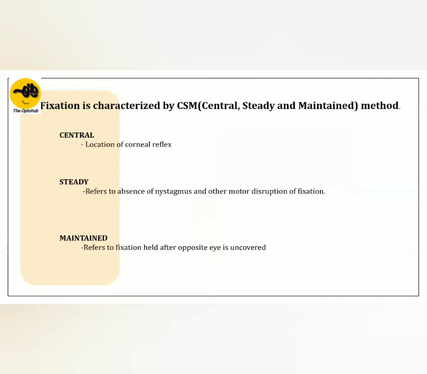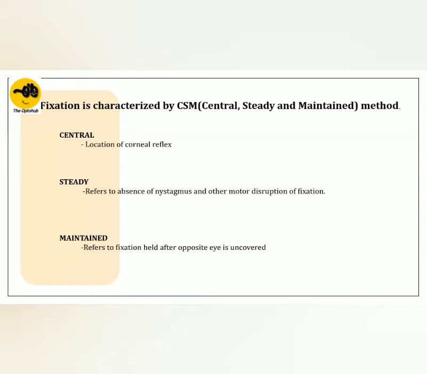So what is CSM? CSM is basically the central, steady and maintained method. So C refers to central. It is done at a distance of 40 centimeters and C refers to the location of the corneal reflex as the patient fixates the examiner's light under monocular condition. तो जो normally reflected light होगी cornea से वो center में होगी and it should be positioned symmetrically in both eyes.